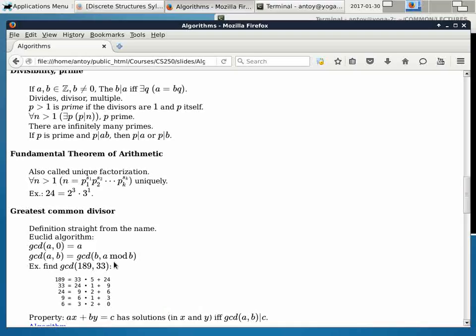Now we bring here the 6 and we bring here the 3 and we have 2 plus 0. And so now we have a 0, so what do we conclude? Yes, sorry, 3 is the greatest common divisor, because 3 comes here and 0 comes here. And when the second is 0, according to the definition, it is the first.